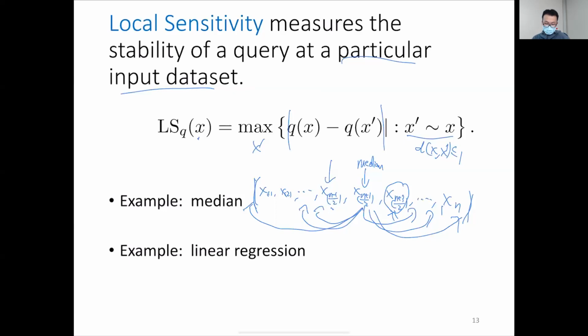So in particular, the local sensitivity of the median query is equal to the larger of just two things: the larger of x_{(n+1)/2} minus x_{(n-1)/2}, and x_{(n+3)/2} minus x_{(n+1)/2}.